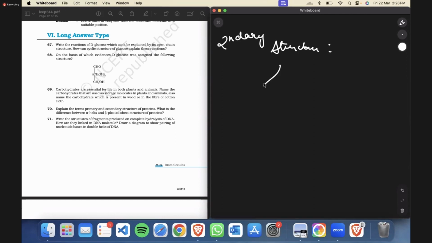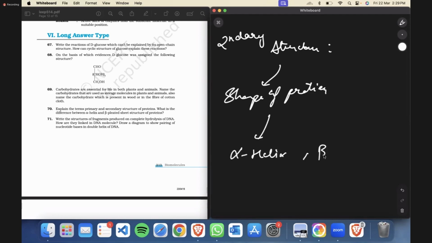The primary structure decides what protein is there, and the secondary will decide the shape of the protein. Now, there are two forms: alpha helix structure and beta pleated sheet structure.